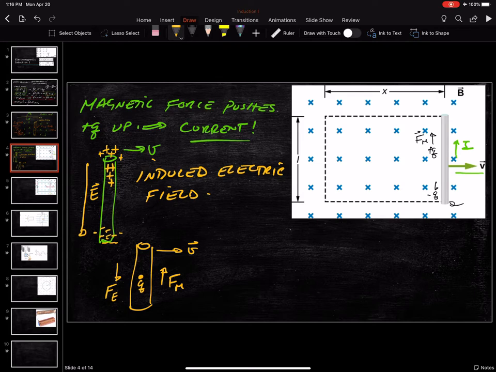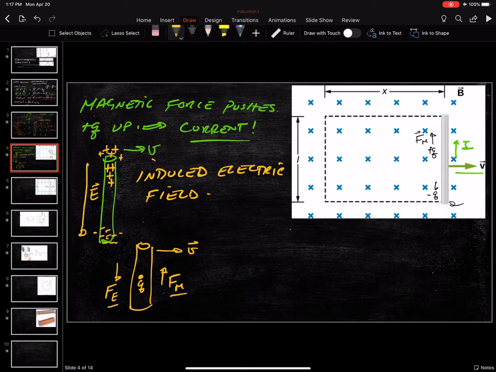Now, this is going to keep on going. At first, the magnetic force is the biggest thing because you haven't put any charge up top or bottom, so the electric field is very small to begin with. But as time goes on, you separate more and more charge through here, and eventually you build up a big enough electric field that these two forces will be equal.